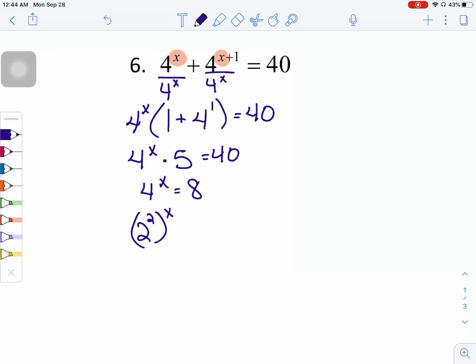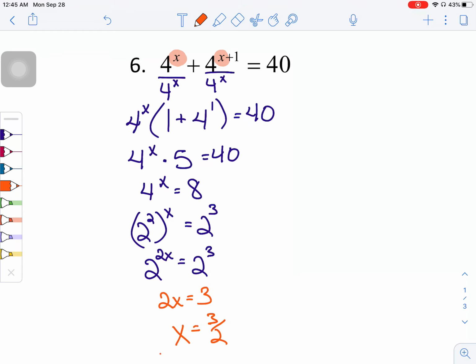You also have that extra variable of x, power of x there. And 2 to the third is equal to 8. So on the left side, we've got 2 to the 2x, and on the right side, we've got 2 to the third. Drop the bases and just look at the exponents at this point. So you've got 2x is equal to 3, which makes x equal to 3/2.